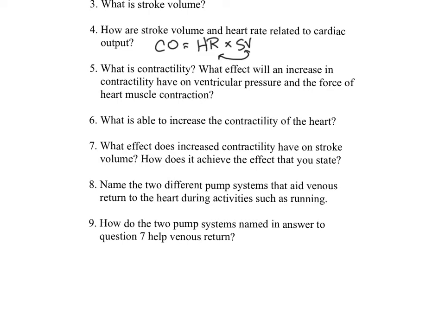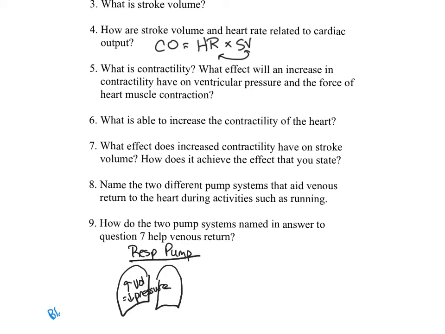Number 8, name the 2 different pump systems that aid venous return to the heart during activities such as running. There is the respiratory pump and there's the muscular pump. So the respiratory pump occurs when you're breathing, and every time the diaphragm contracts, it increases the volume within the thoracic cavity, and that sort of sucks that blood back up towards the thoracic cavity area, because fluid wants to move from an area of higher pressure to lower pressure.